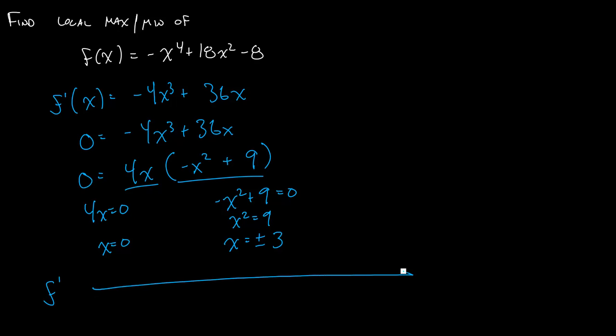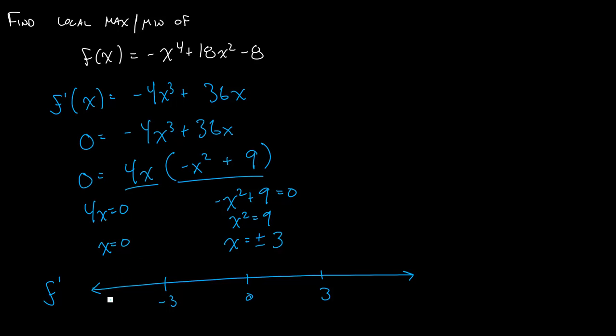My favorite method for these is the first derivative test. So I'd have negative 3, 0, and 3. Just use this number line, right? I'm going to check something on each interval to see whether it's increasing or decreasing. So let's check something to the left of negative 3.